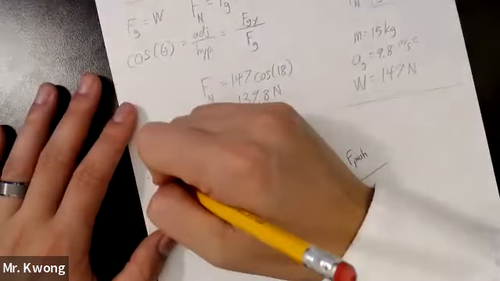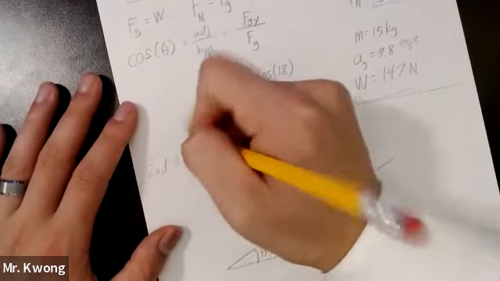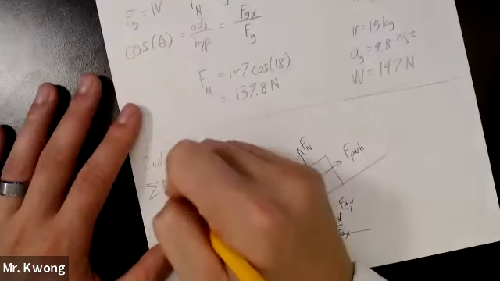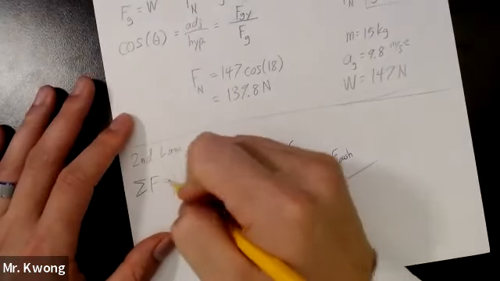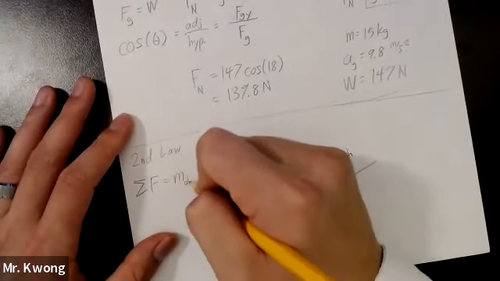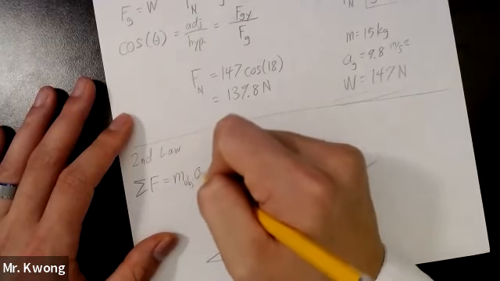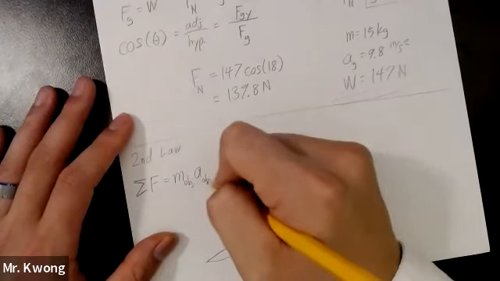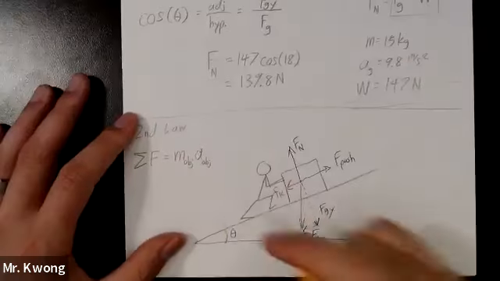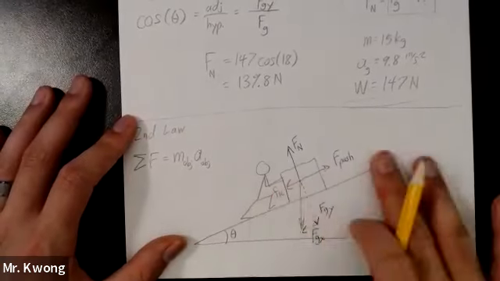And so with the second law set up here, the sum of forces equals the mass of the object multiplied by the acceleration of the object. All the motion is here in this horizontal direction.